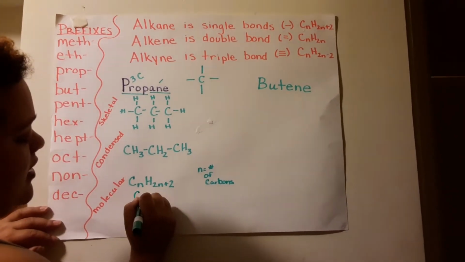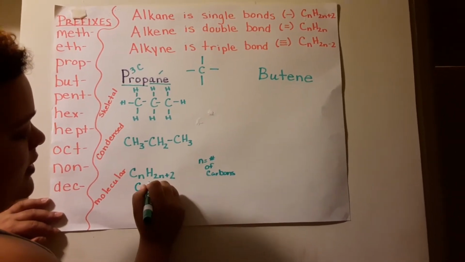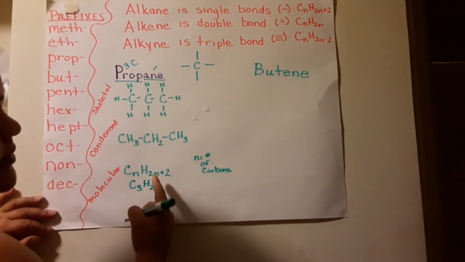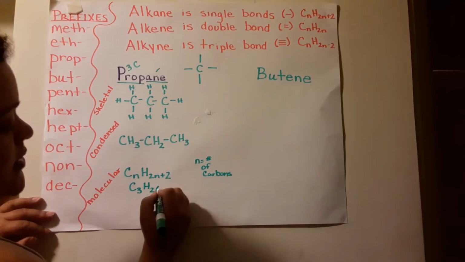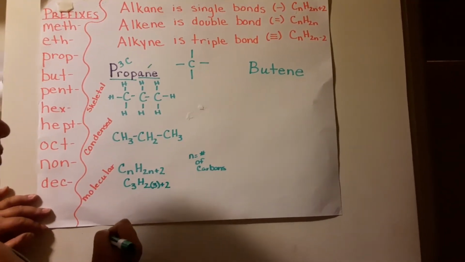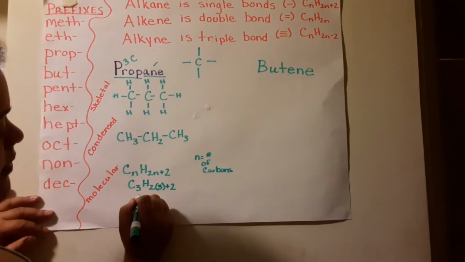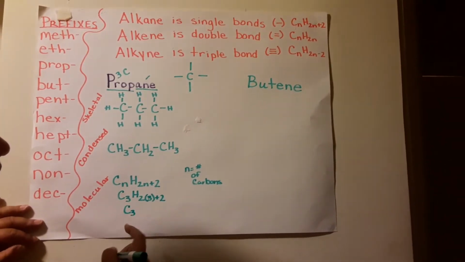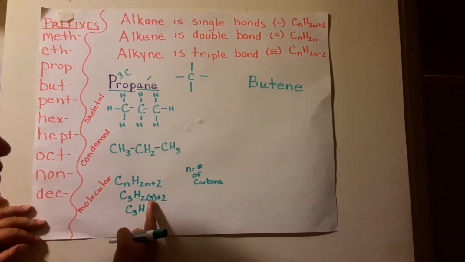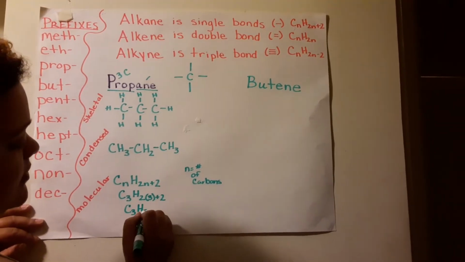So we have C3. Then we get to our hydrogens, which is 2 times N, and our number of carbons is 3, plus 2. We bring down our carbon, so C3, we have H. 2 times 3 is 6, plus 2 is 8.